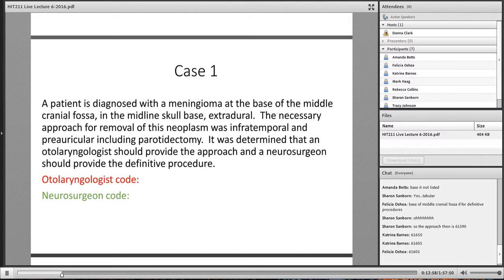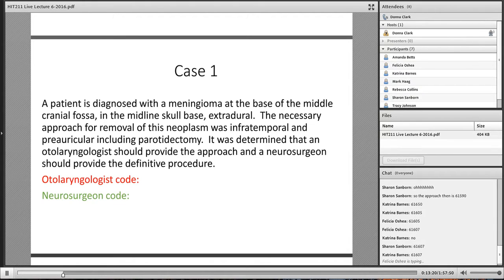So let's see, resection or excision of neoplastic, vascular, or infectious lesion of infratemporal fossa, peripharyngeal space, petrous apex, extradural. Right, and that's what we have, extradural.